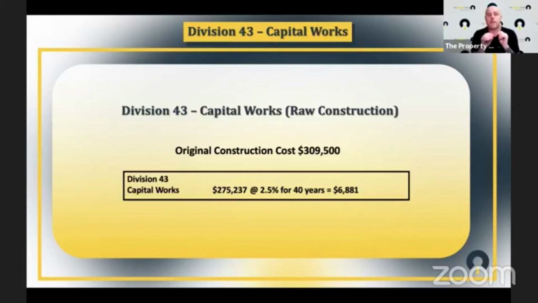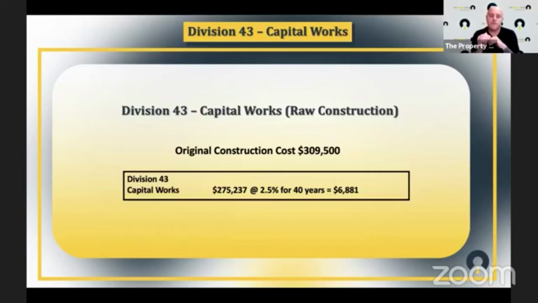So depreciation is normally calculated, especially for the fixtures and fittings, on the lifespan of that item. So with a house here, they've basically got Division 43, which is capital works, 275,000. Now this depreciation can be written off at 2.5%, and that'll last you for 40 years. So that's a long time to have this depreciation in place.